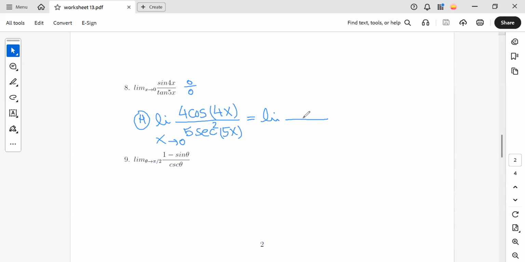We know that cosine of 0 is 1, and we know that secant of 0 is 1 because secant of x by definition is 1 over cosine of x. When x is 0, it will be 1 over cosine of 0, which is 1. We don't need other stuff, but we need the coefficient because we have 4 here, we have 5 here. 4 over 5 is the answer, and also you don't need to write limit as well.